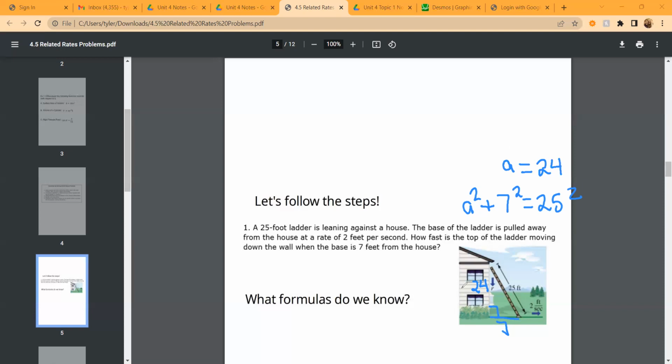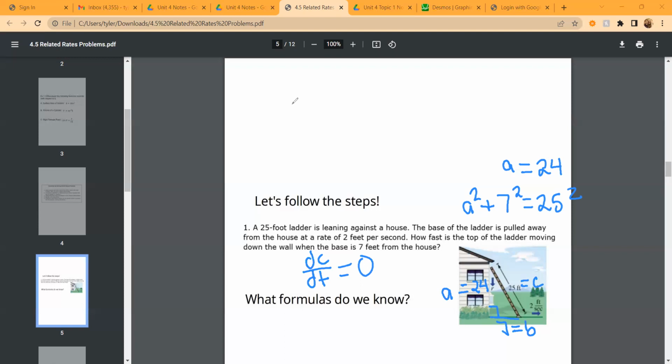So if we call this side length A and this side length B, and this is C, we know that essentially dc dt, or the rate of change of the hypotenuse, is not going to change length. And so this becomes dc over dt equals 0.